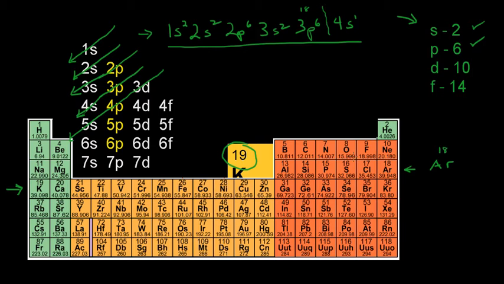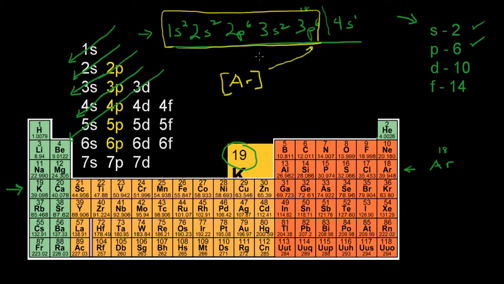Now, since argon has 18, we know that this is argon's electron configuration, because this is where we had 18 electrons fill. So we can use the symbol for argon. We're going to put that in brackets, and that is going to represent all of these electrons.